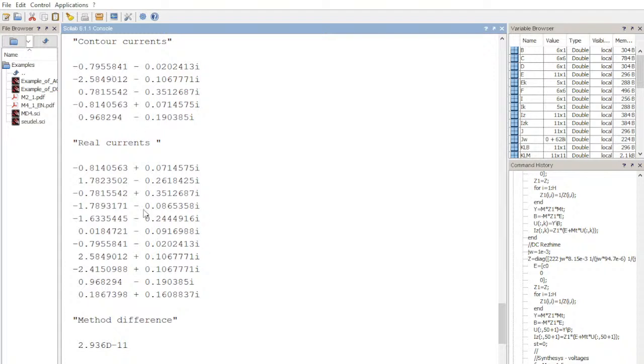Contour currents, real currents, difference between two techniques. I think it's quite good.